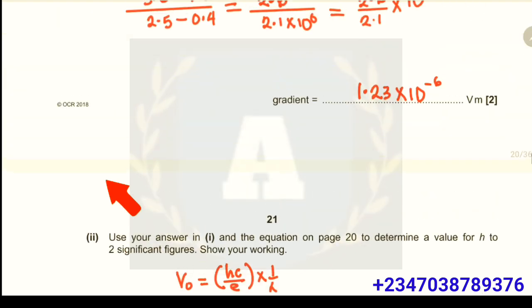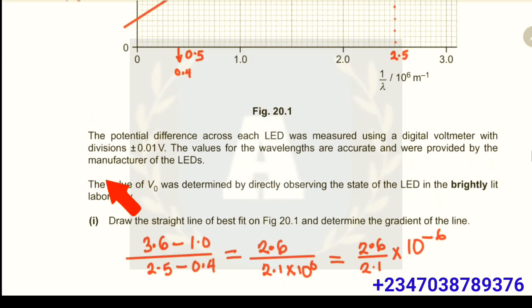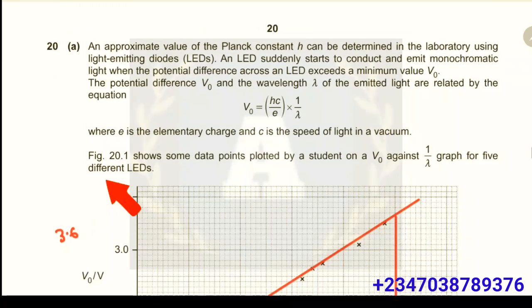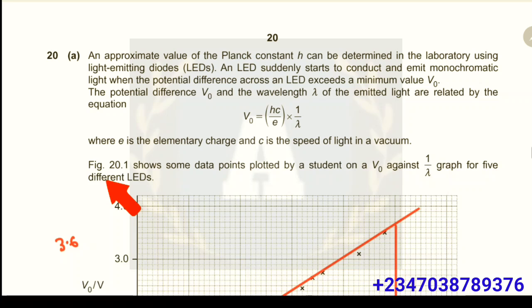Okay, do we have the value for V naught with respect to the question? h is the Planck constant, c is the speed of light, e is the charge, and we have lambda, which represents the wavelength.